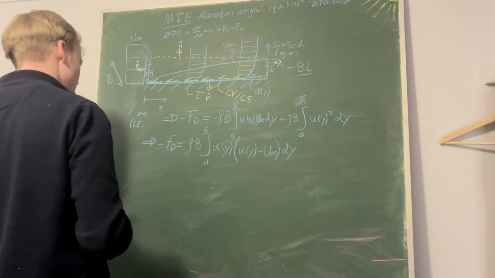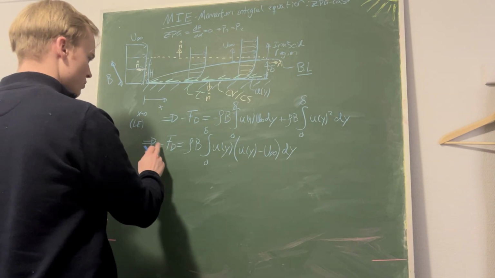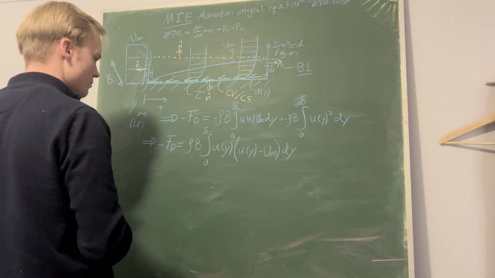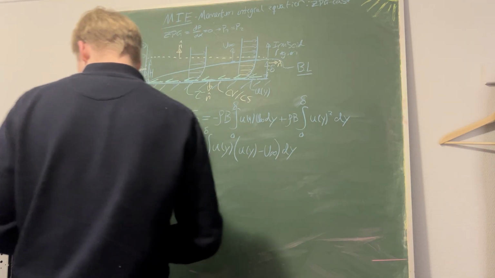And then what we could do is multiply with minus 1 on both sides.